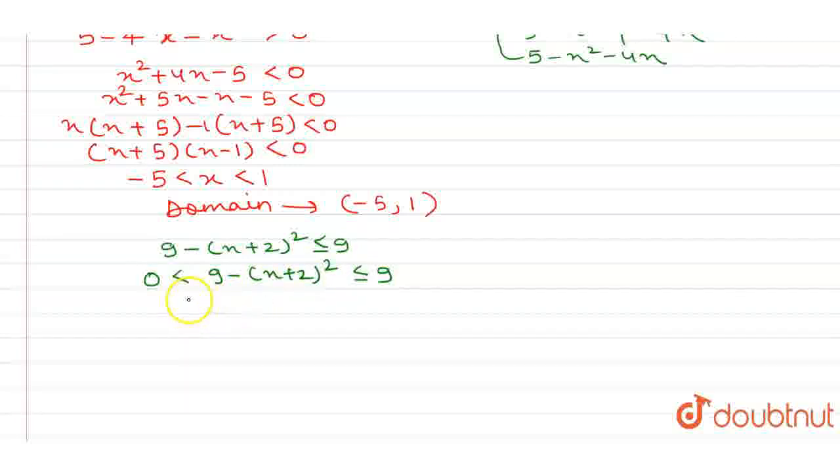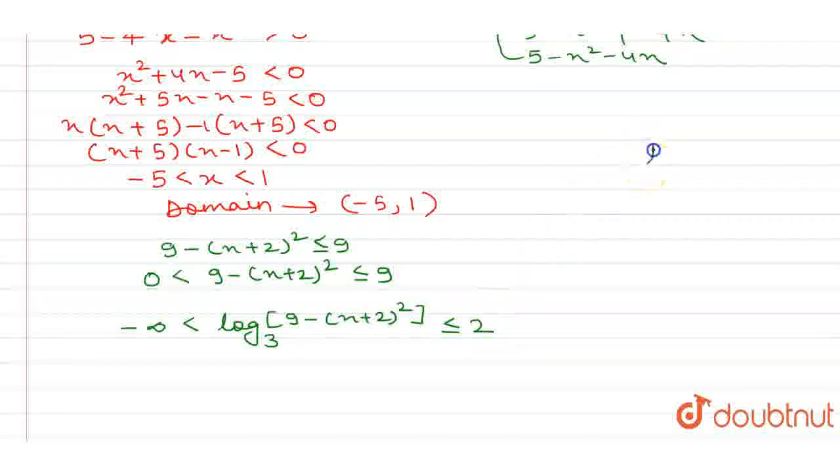So I take log to the base 3 in the entire inequality, so it becomes minus infinity < log to the base 3 of (9 minus (x plus 2) whole square) less than or equal to 2.